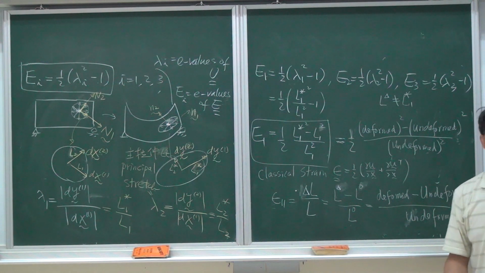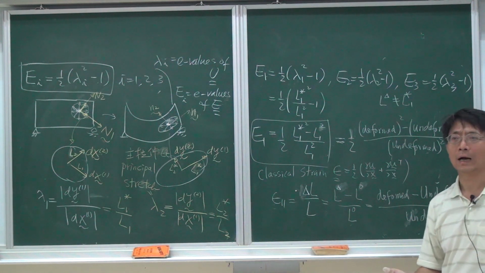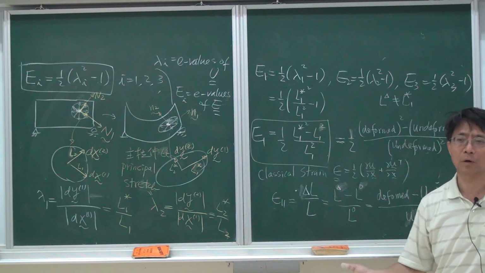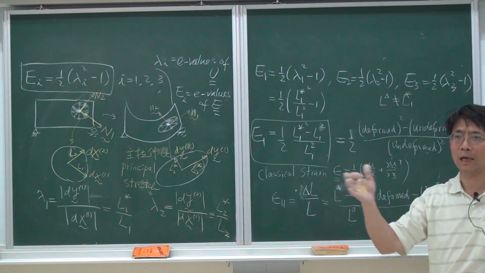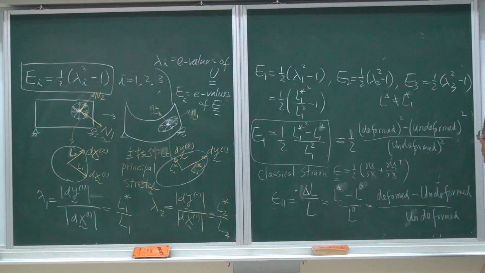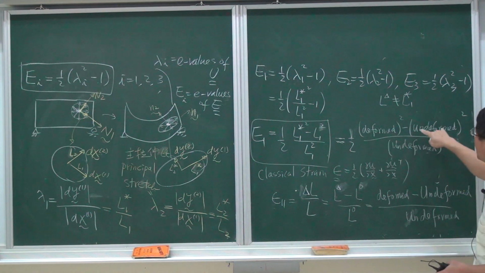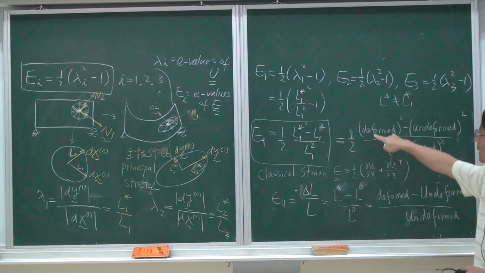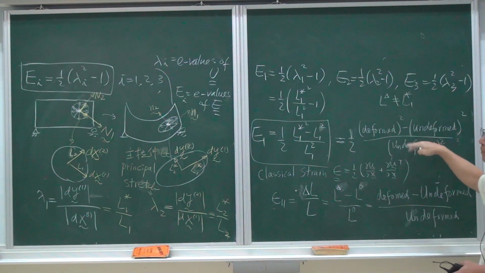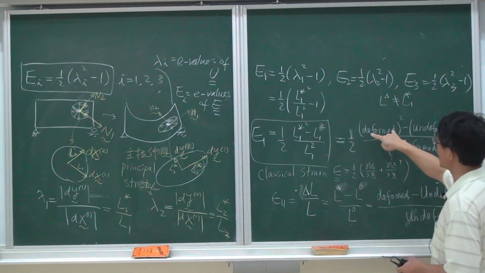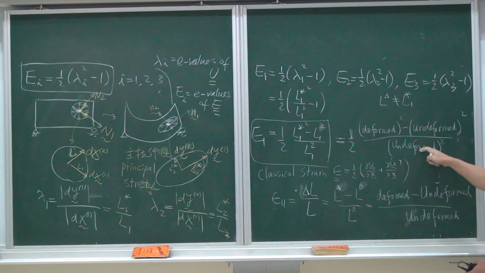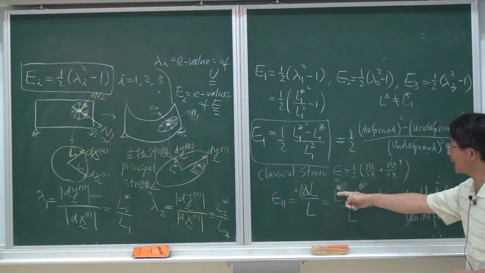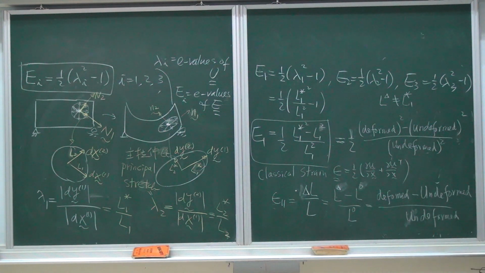Because I don't have much space, I just write undeformed and deformed. You understand that we are talking about the length of the material line. Here we use deformed and undeformed to represent the length of the material line. The squared difference divided by the square is similar to the difference divided by the difference here; both are a concept of strain.